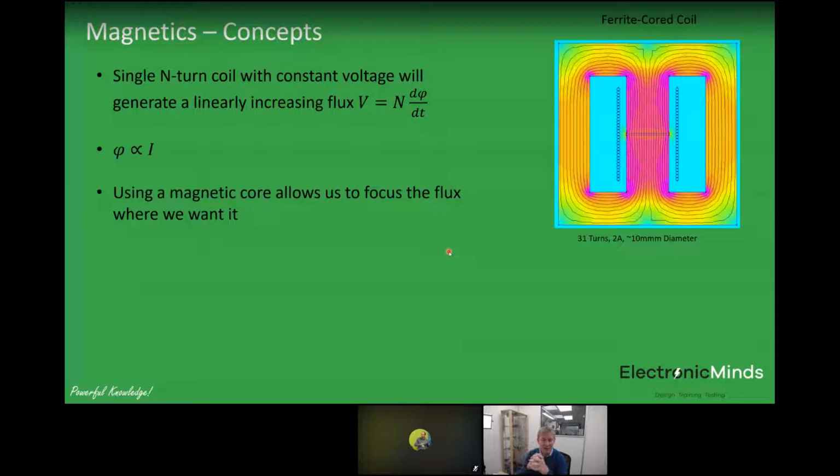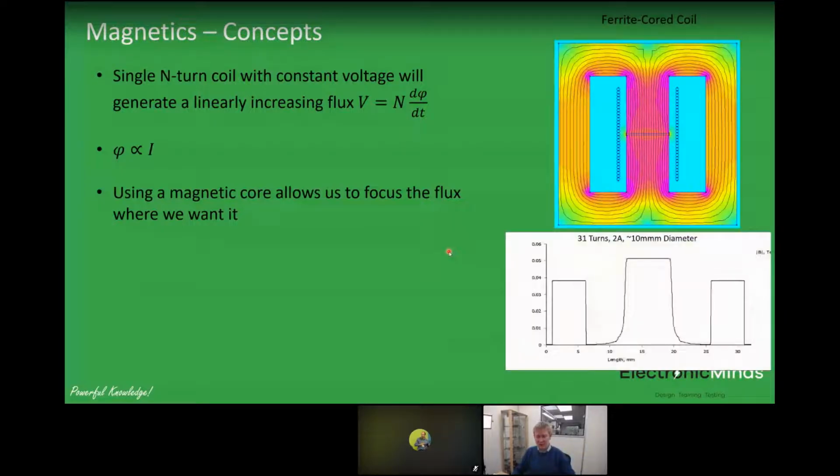We get a little bit of fringing around the air gap, but the majority of the flux generated by that same 31 turn coil with 2 amps flowing in it is concentrated within the ferrite core. If I take that section through again from left to right showing flux density, you can see we've now got far more controlled flux density.